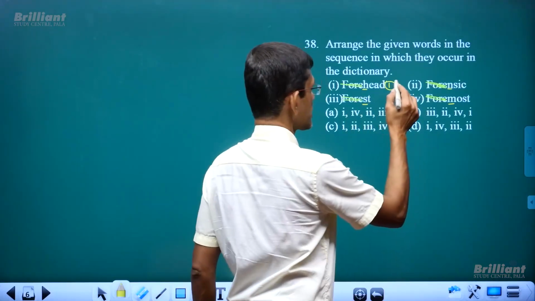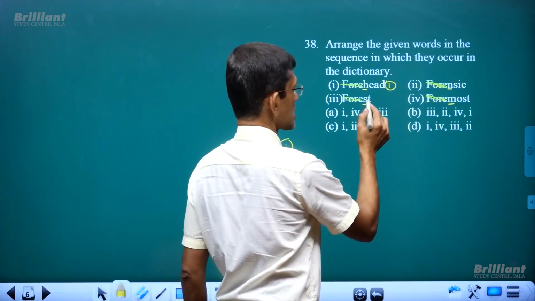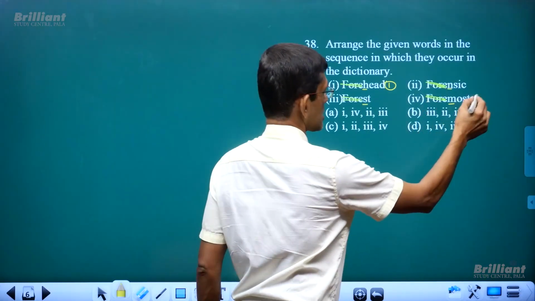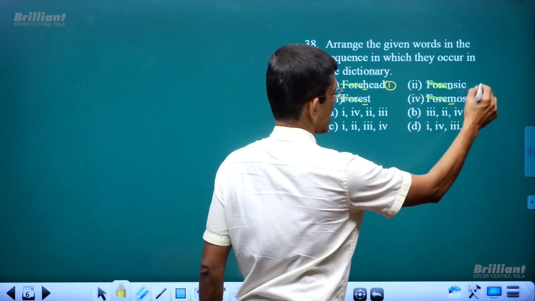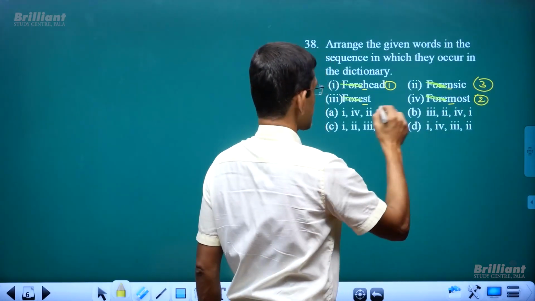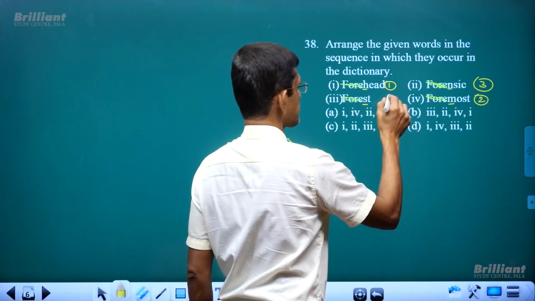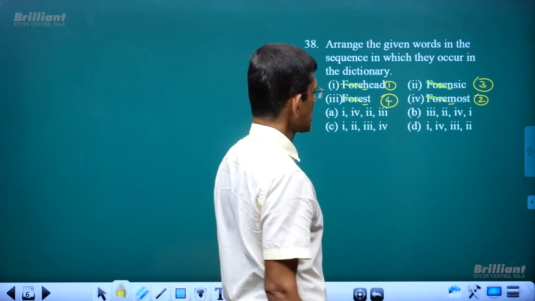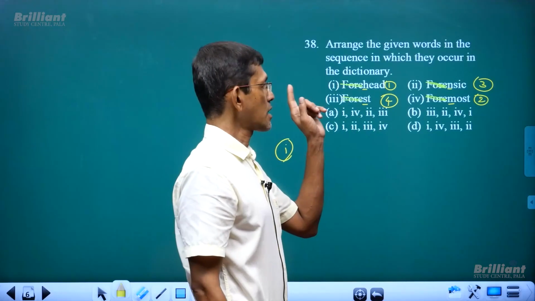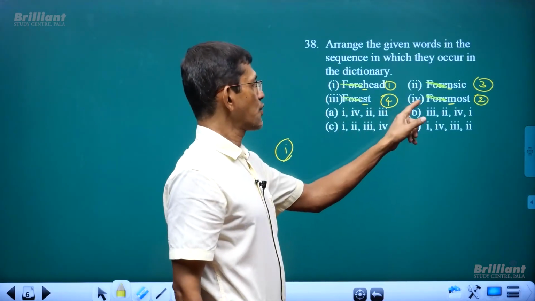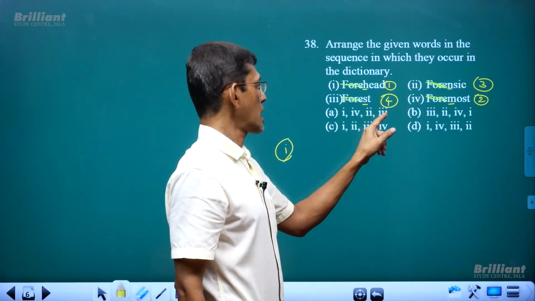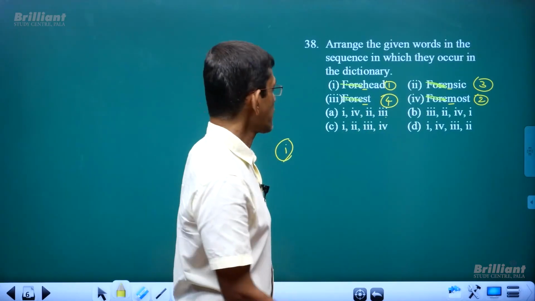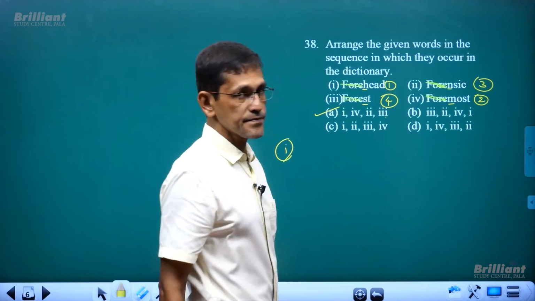So after H, among these letters S, M, N, the M is the second. And then we have N, and then we have S. So ultimately, 1, 4, 2, and 3 is the answer choice.